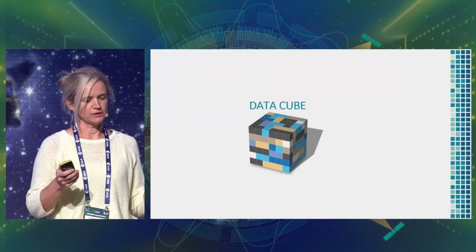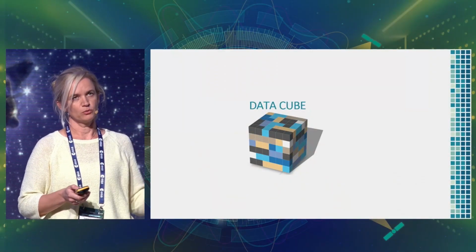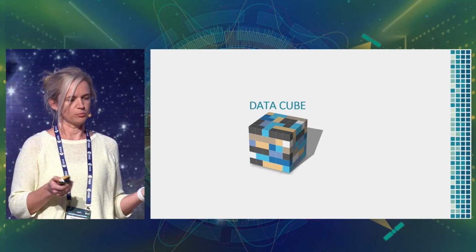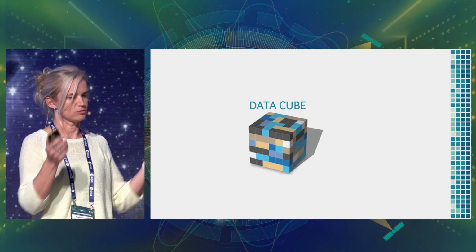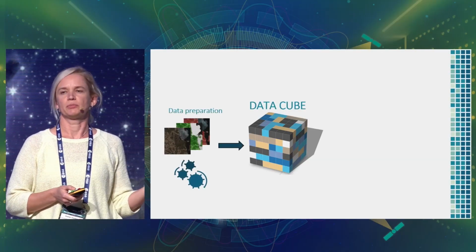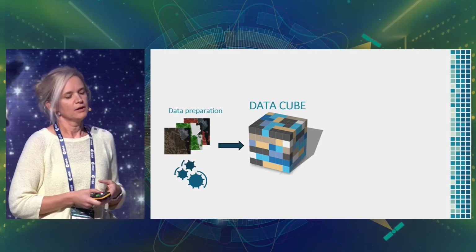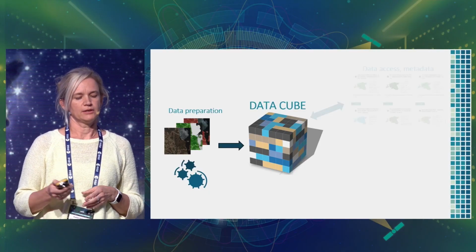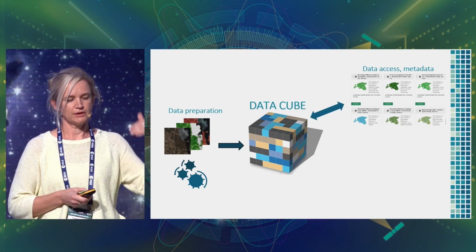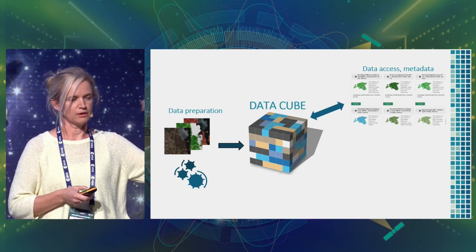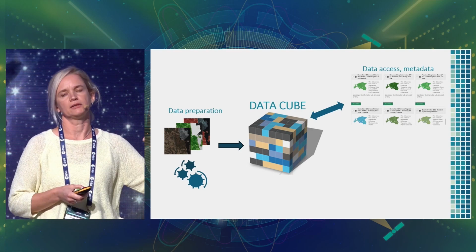So basically, for the data cube, we are talking right now about 3 main components that we are developing in this concept. First is the data preparation, which is heavily on us. We are a geoinformatics team. Then the other thing is the data cube itself, but then a very important part for us was also how to access the data and metadata.